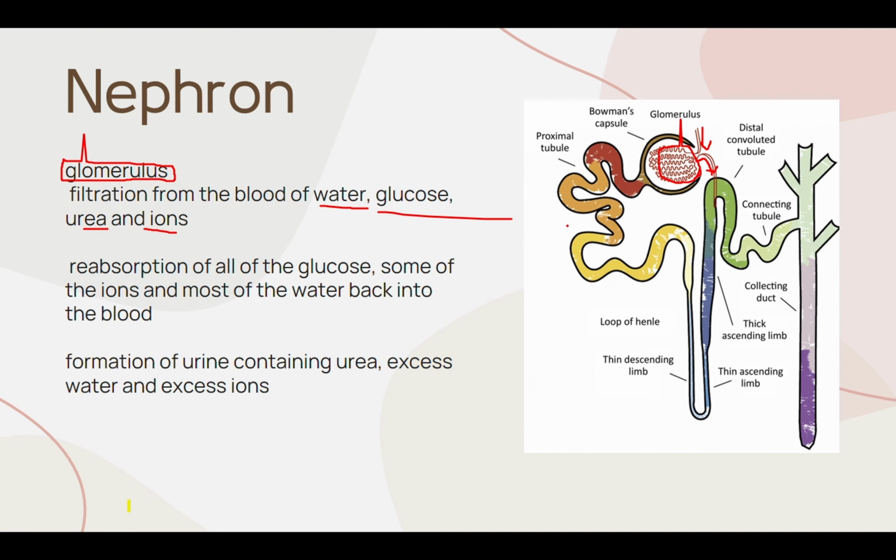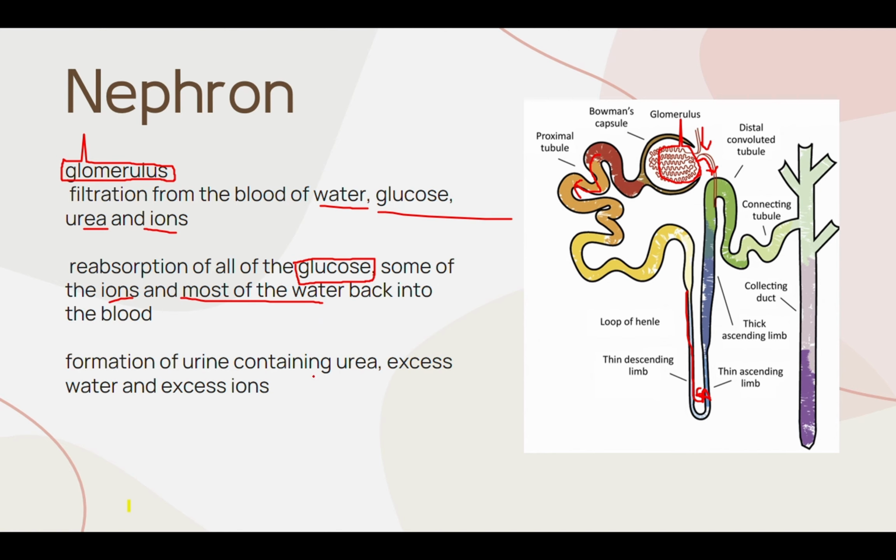Then you need to know that the rest of the nephron, especially here, its job is to reabsorb all of the glucose, put in mind, not some of the glucose, all of it, some of the ions, and most of the water back into your blood.